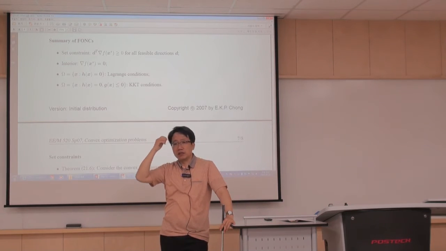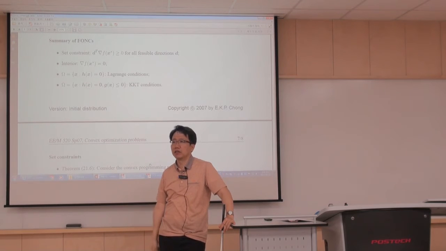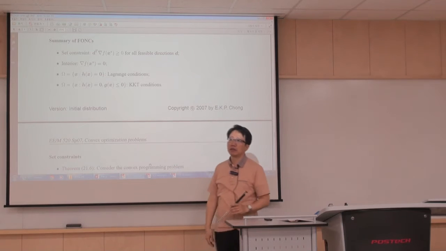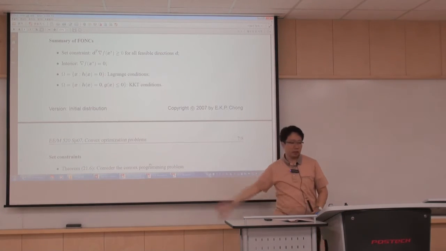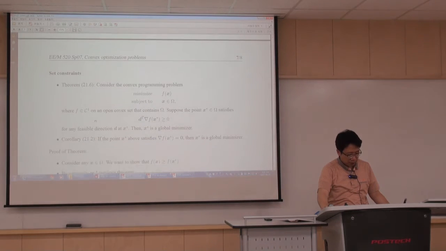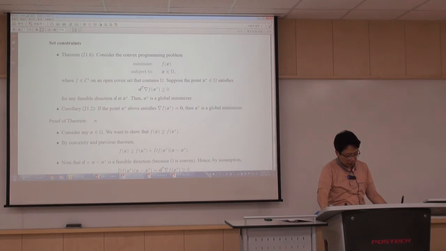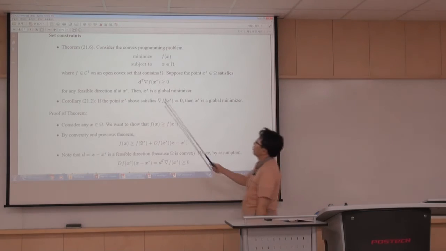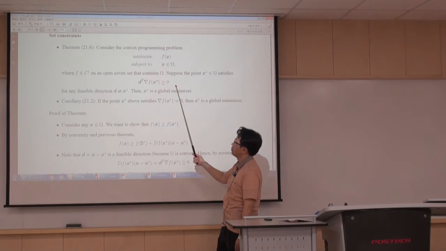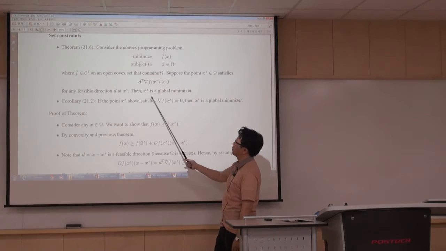And interestingly, in convex optimization problems, this is sufficient for local optimality, which means global optimality. So wonderful. Got it? Let's see some proofs like this. If the first one holds, then it's a global minimum.